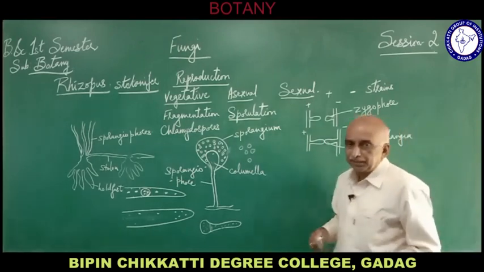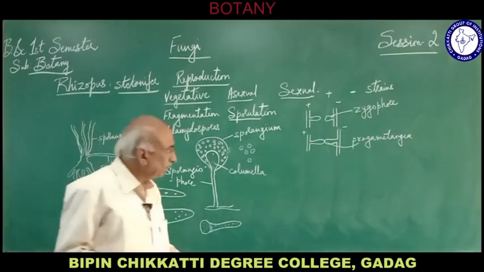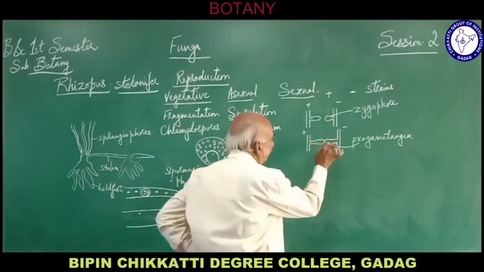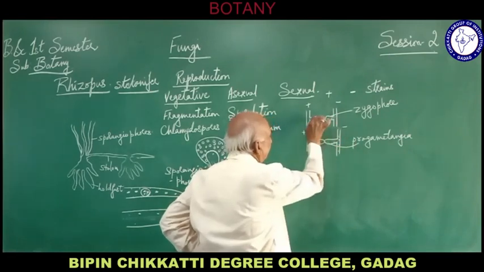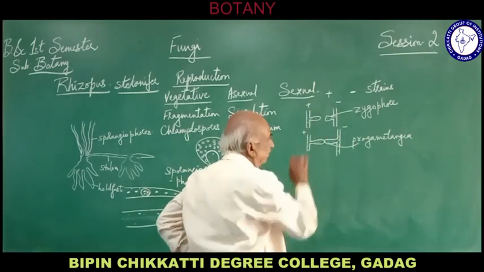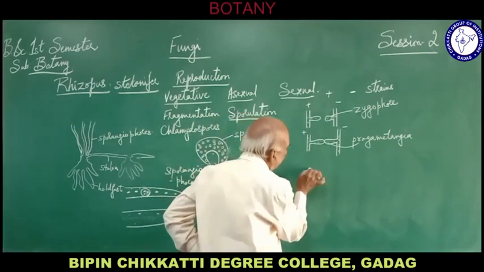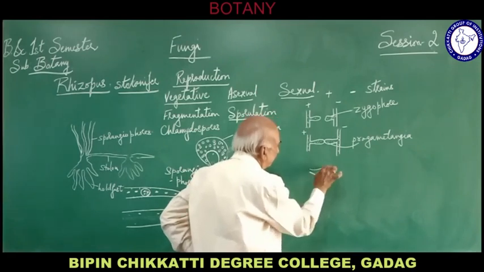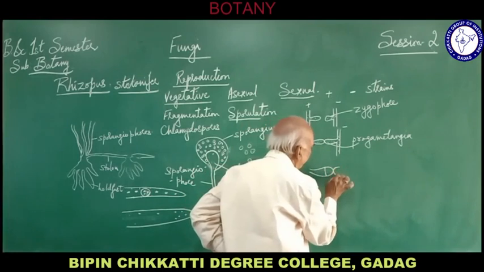These progametangia further go on developing. And here, as usual, the progametangia contain many nuclei. They are also coenocytic. Ultimately the progametangium separates to form a gametangium like this.